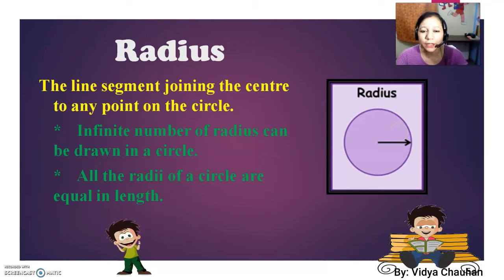Also, an infinite number of radii can be drawn in a circle, and all the radii of a circle are equal in length. Yes, students, you can draw infinitely many radii in a circle, and the length of each radius is always equal.